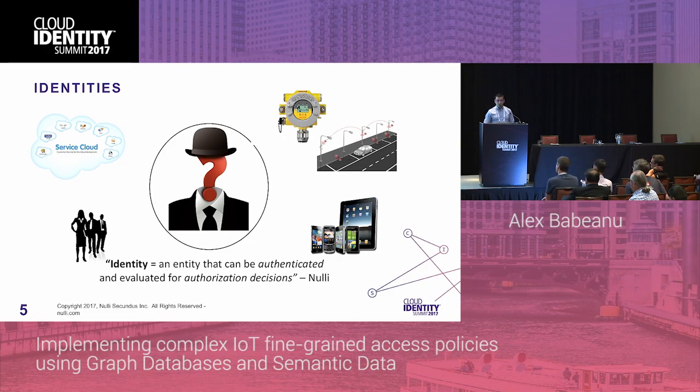The piece I'm going to focus on is authorization. So in this talk, I'm going to assume that all the identities have already been authenticated by some means. Given that, how do you enforce authorization? Through the use of access policies.